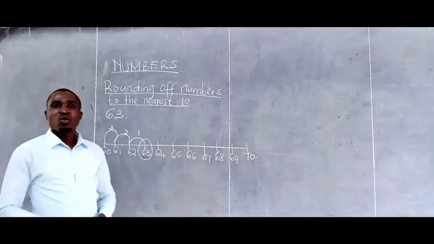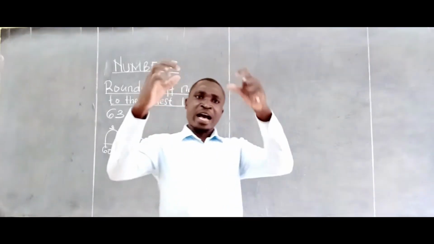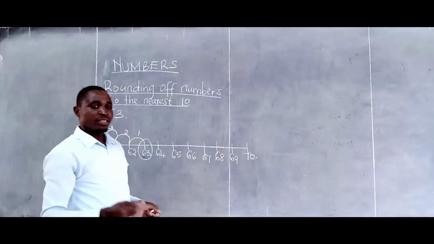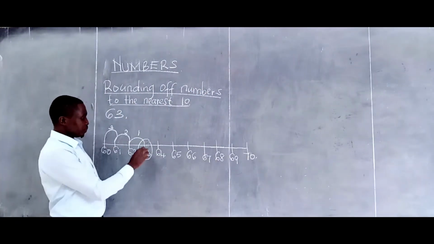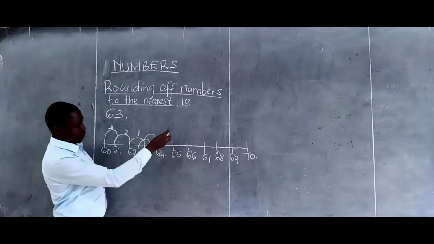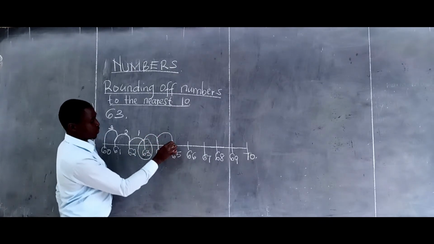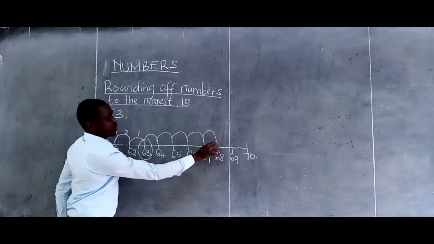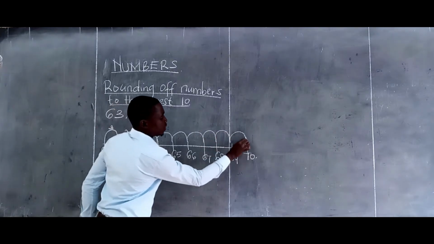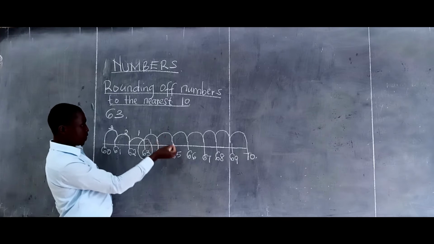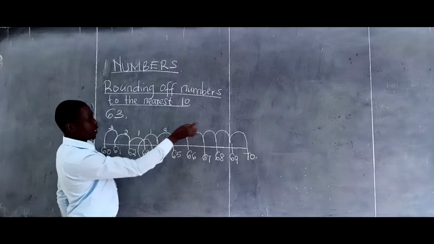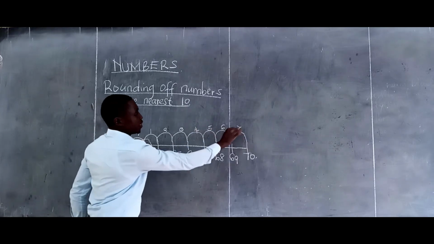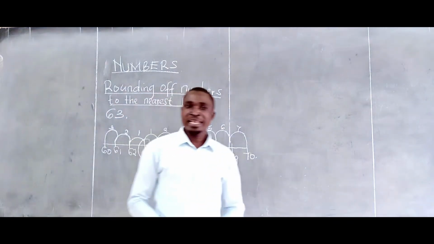Step number 3, we count the intervals again from the number which you identified up to number 70. In this case, just follow up with me. What can you see, learners?